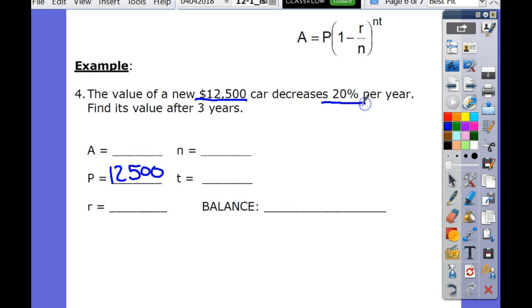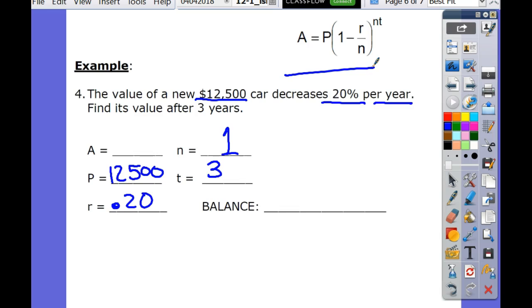And so this is 20% per year, 20 divided by 100, because this has to be in decimal form. How many times per year? How many years? Now, this formula is slightly different than the formula we used previously.